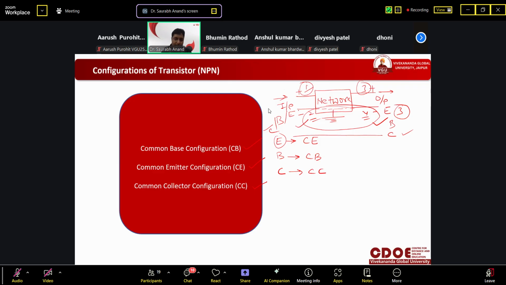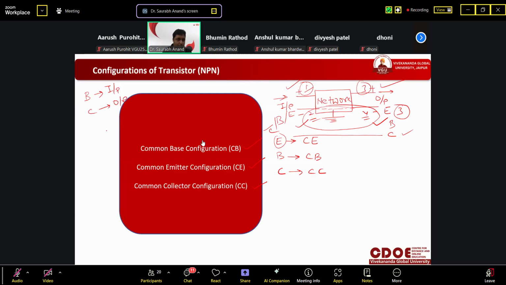So how are we making the terminal common, and which will be used for input and which for output? I told you two things: base will always be input and collector will always be output, unless it is common.